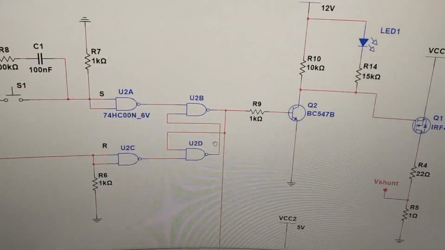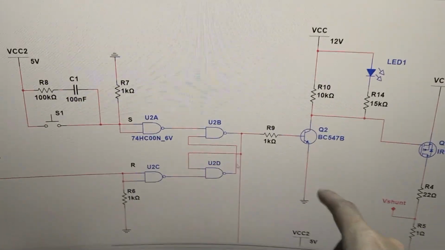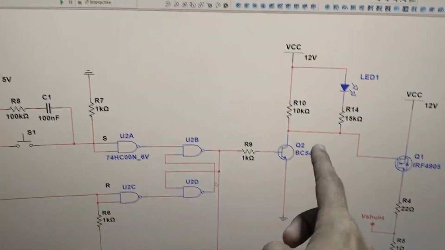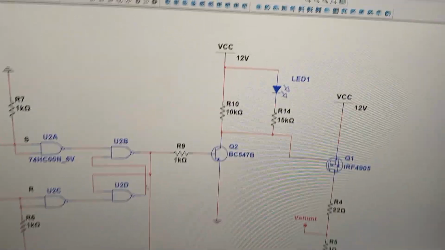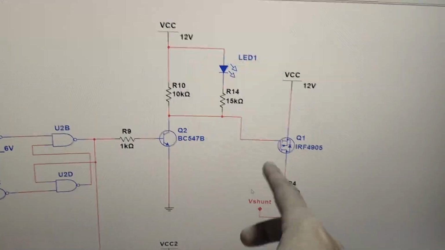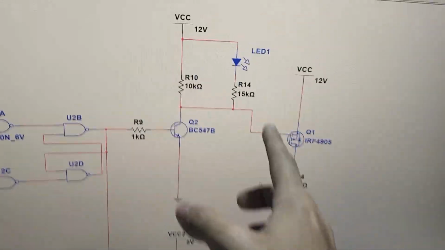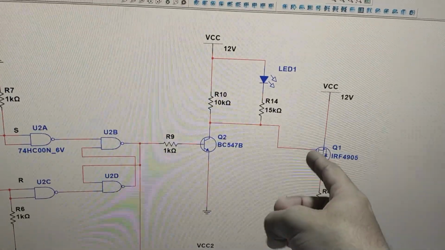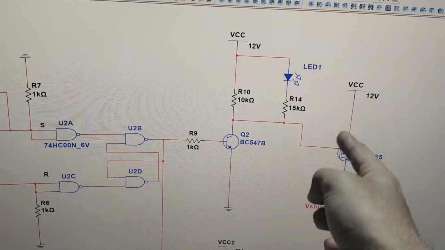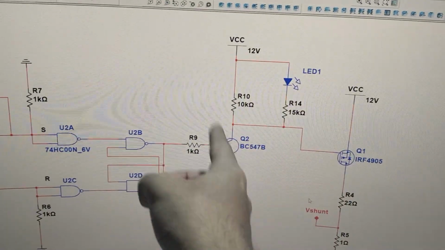Now the output of this SR latch is fed to basically two parts. One part is our NPN BJT, and that's just a driver, and that leads us back to our original P channel MOSFET. In order to turn the P channel MOSFET off, we need to bring the VGS close to 0. For that we need this driver.